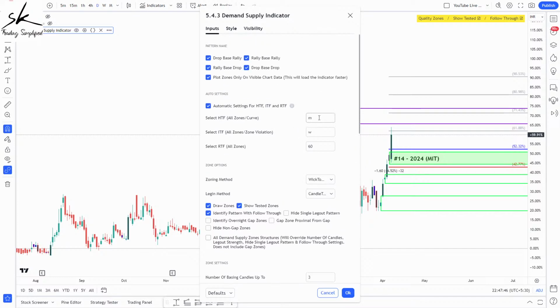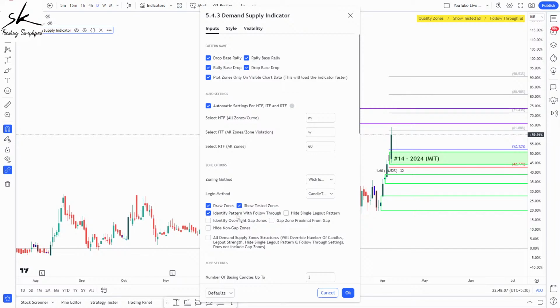But when we define our monthly, I mean the HTF, ITF and RTF, that is where these settings will get applied, right? So on these three time frames, these are the settings that are getting applied. And other than these three time frames, whatever settings you have kept, that will be taken as an assumption that it's your lower time frame, and those are the kind of settings you want to apply.